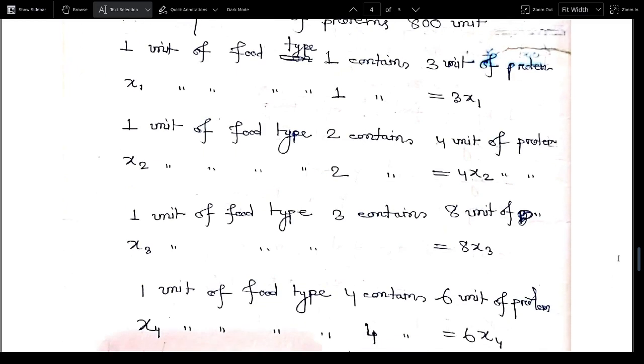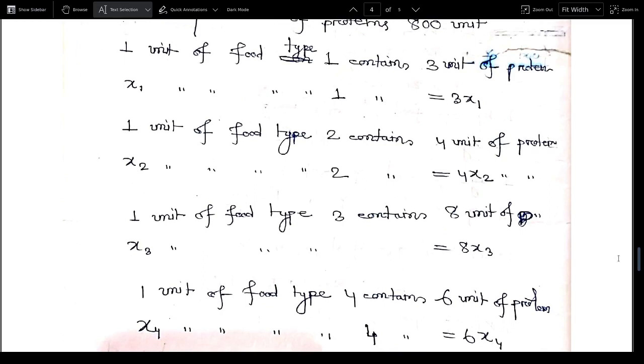Similarly, food type 2 contains 4 units of protein. So here x2 units of food type 2 give 4x2. Then 1 unit of food type 3 contains 8 units of protein, so x3 units of food type 3 give 8x3.